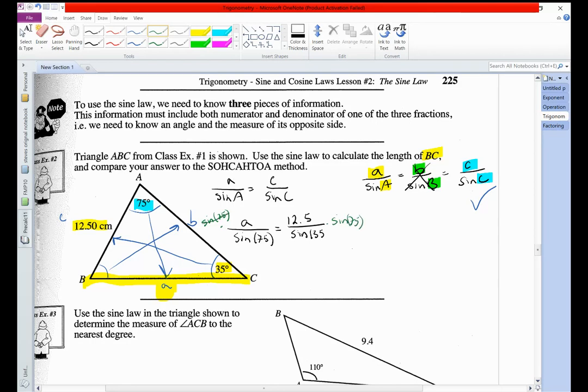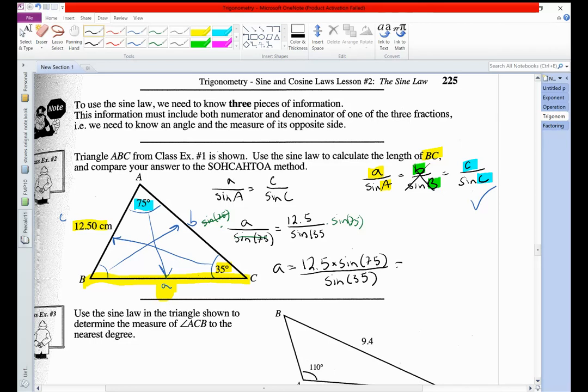They cancel out on this side, and what we're left with is A is equal to 12.5 multiplied by sine of 75, all divided by the sine of 35. Be careful here, that's a multiply.